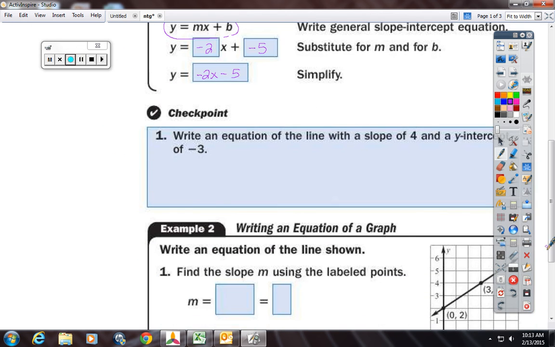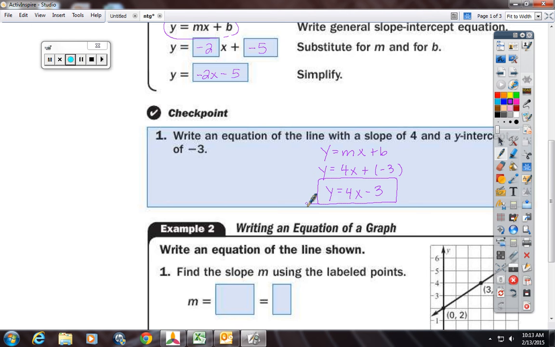Write an equation of a line with a slope of 4 and a y-intercept of -3. You're going to start out like this. Y equals mx plus b, and then you're going to rewrite y equals, the slope is 4, so you'll say 4x, and then instead of plus b, you'll put plus -3, or you can write it like this. Y equals 4x minus 3, and that's the answer.